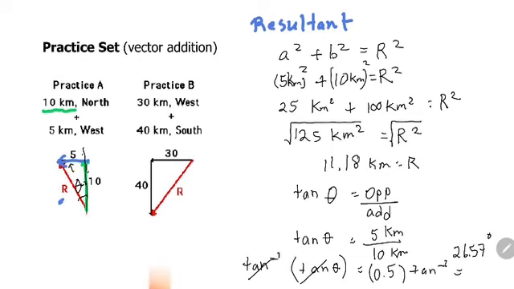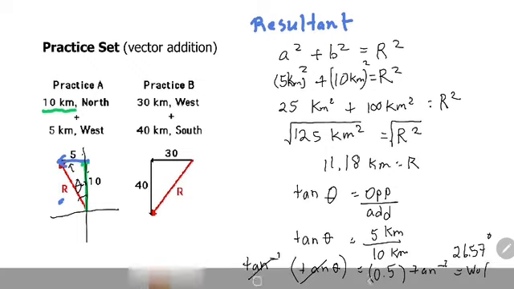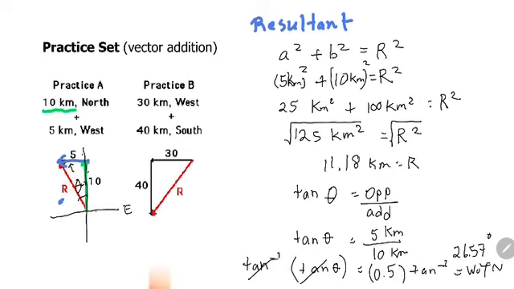yung angle na to ay galing sa north papunta sa west. This is actually west of north. I need to get the angle from the east. So, from the east, ito yung east, diba? Yun. Kailangan kong hanapin tong angle na to. Tapos i-add ko na lang to para makuha ko yung galing sa east. So, simple. Kasi ito naman, 90 degrees, di ba?